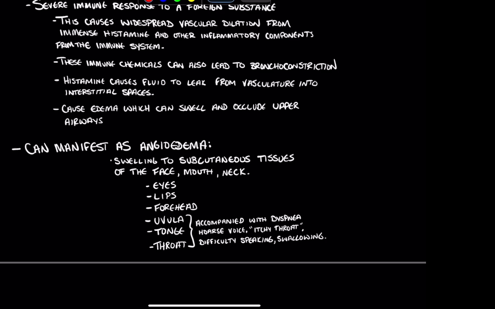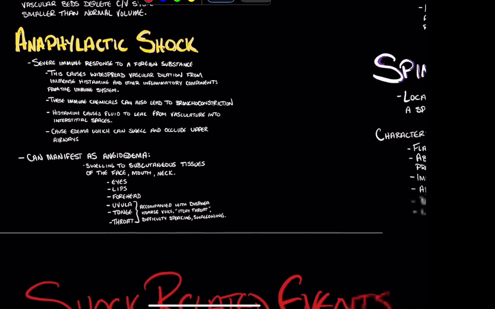Sometimes people say their cheeks. But you'll find symptoms such as dyspnea. They'll have a hoarse voice. They might say they have an itchy throat. They might have difficulty speaking or swallowing. Those are the hallmark findings when you look at edema into the mouth, face, and that angioedema symptom.